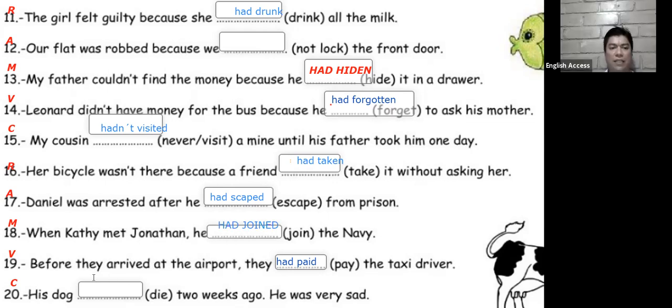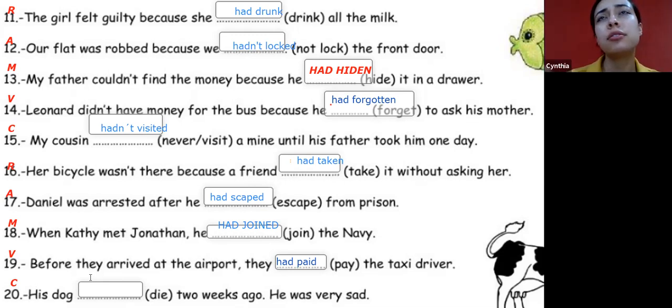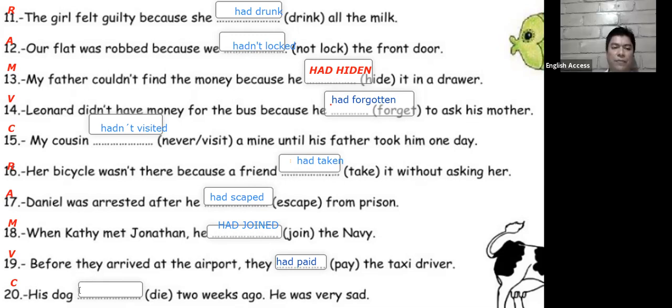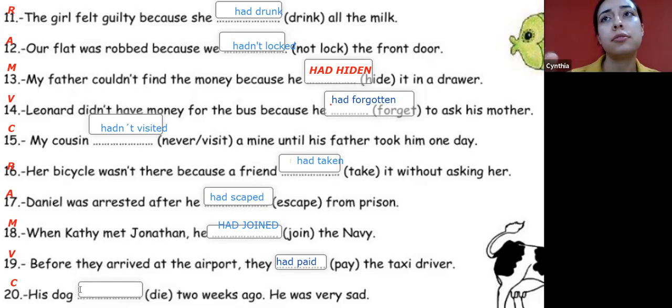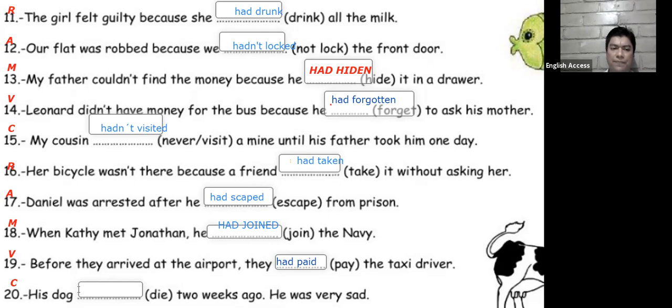Very good. And Cynthia, the last one. Do you have it? I can see the last one. Oh, you can't see it. Okay, I'll do it for you. What's blocking your view?